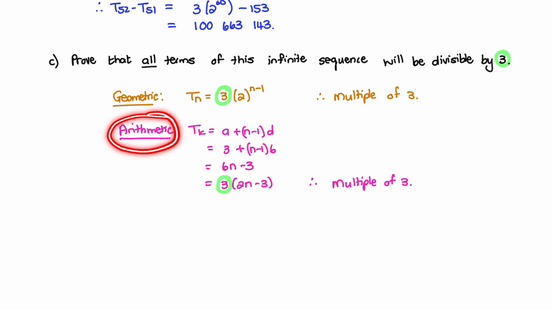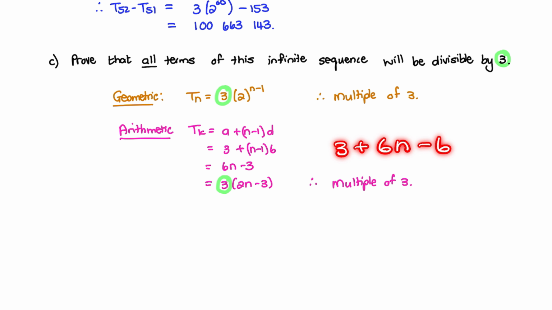For the arithmetic sequence, we have a plus (n minus 1)d. The a value was 3. The difference between terms is 6. And if I simplify this by multiplying out, I have 3 plus 6n minus 6, which simplifies to 6n minus 3. And can you see that we can take out a common factor of 3 as well?